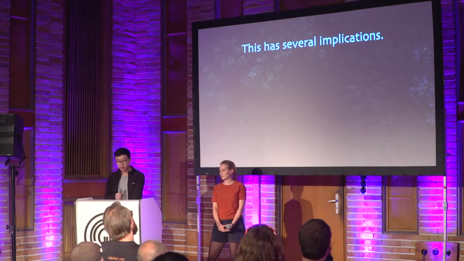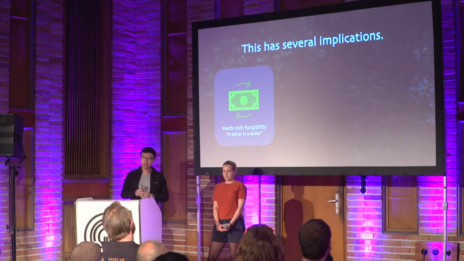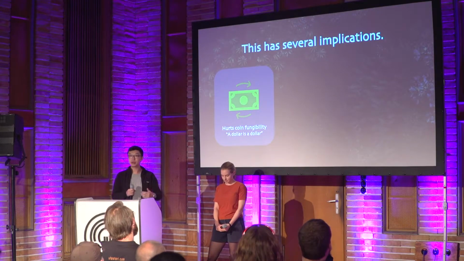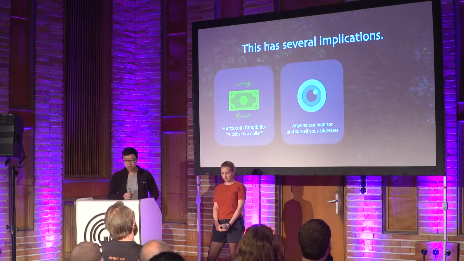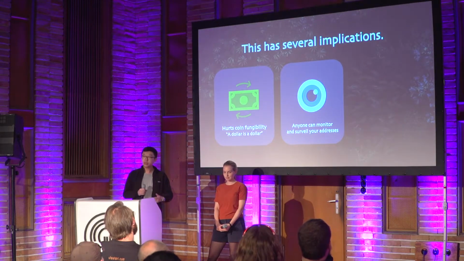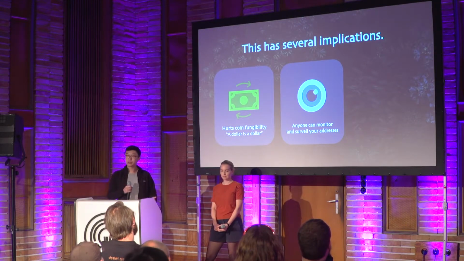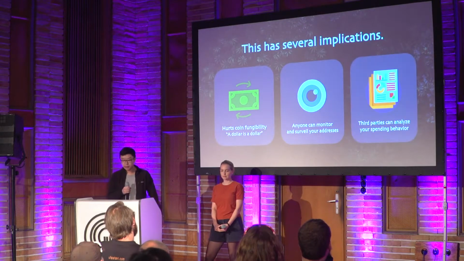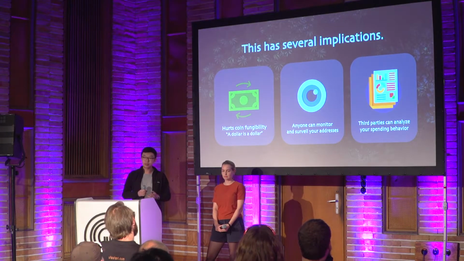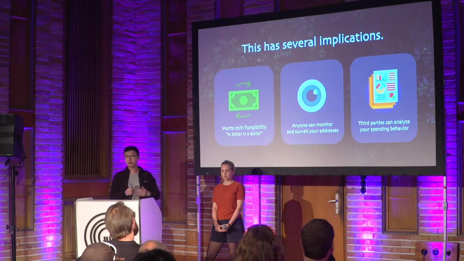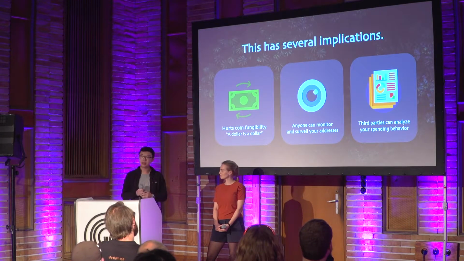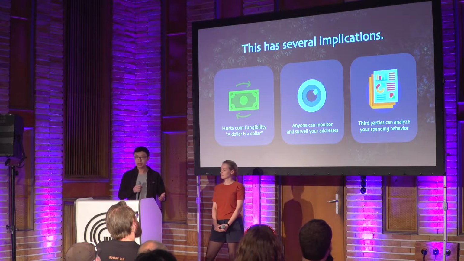For one, the coin history is easily traceable, and this hurts the fungibility of the coin itself. Two, it allows anyone, good or bad, to monitor your addresses. And three, it enables third parties, such as advertisers or even governments, to aggregate and analyze your spending balances and spending behavior.